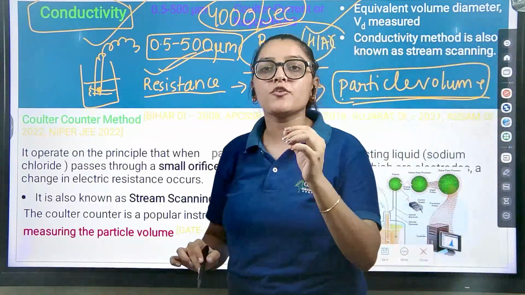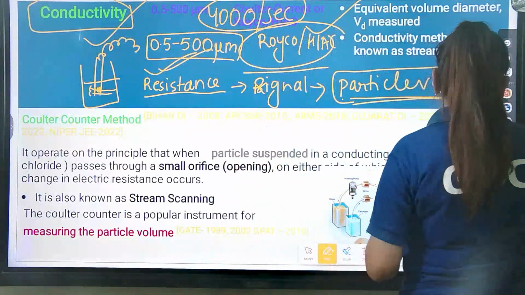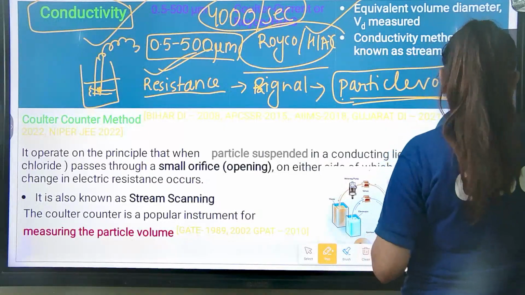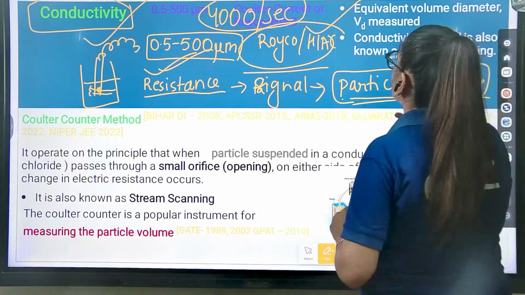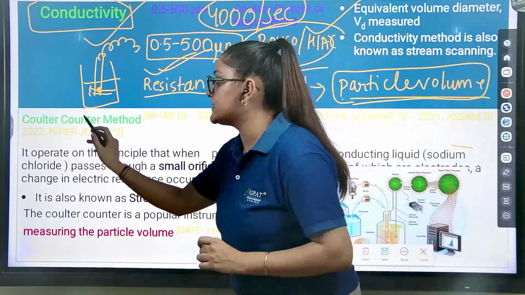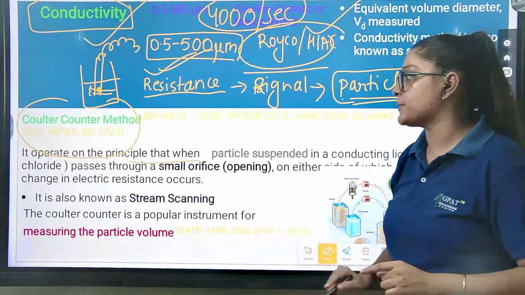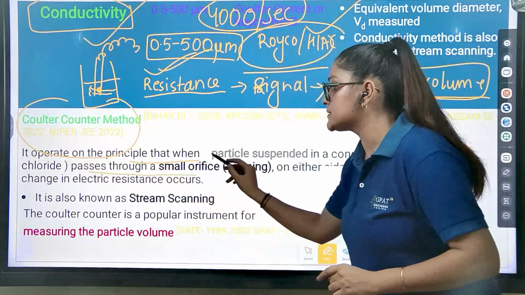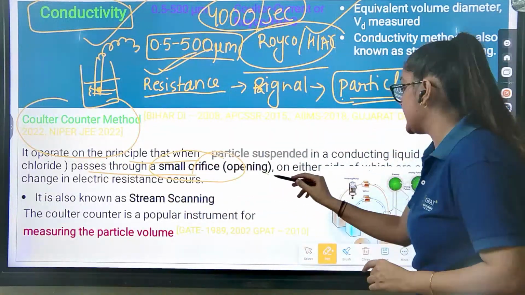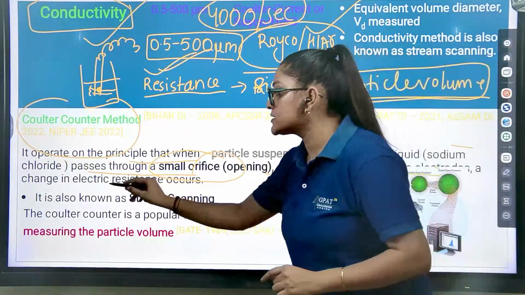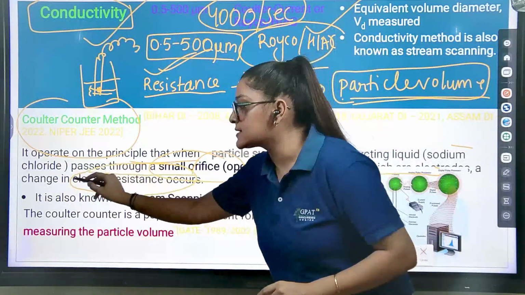Questions are asked. Which of the following? Okay, let's see how many of you are able to answer. I'll ask few questions based on this topic only. So let's first complete this Coulter-Counter method. You have seen it operates on what principle? When the particle passes through a small orifice, it will actually cause a change in the electrical resistance.